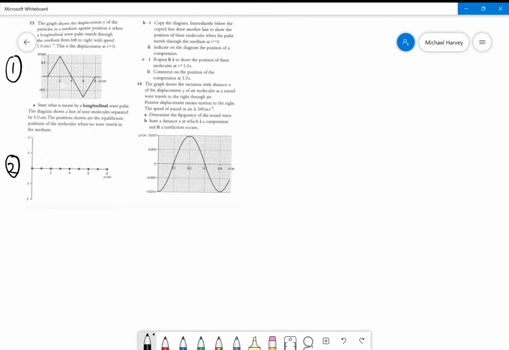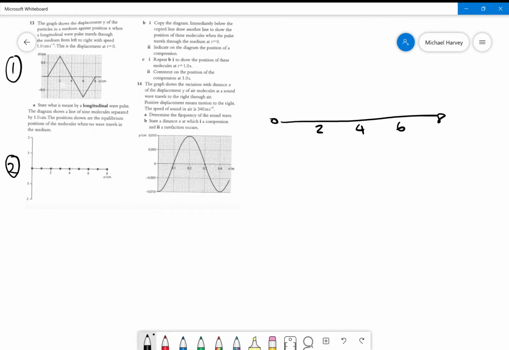So 13B I says copy the diagram, and immediately below the copied line draw another line. So what we do is we draw that other line, and we label it 0 to 8 with 4 in the middle and 2 there and 6 roughly. We'll change the color slightly so you can see the dots.